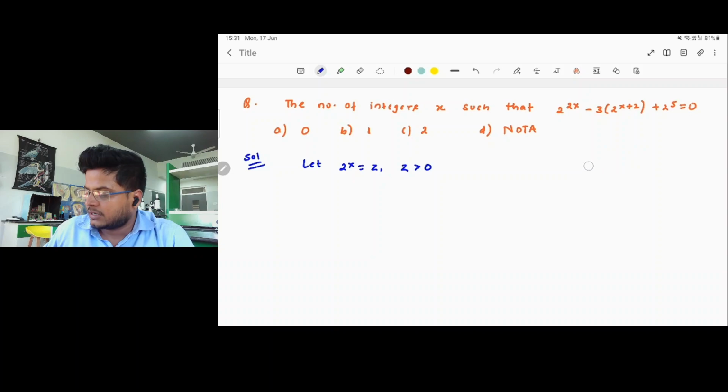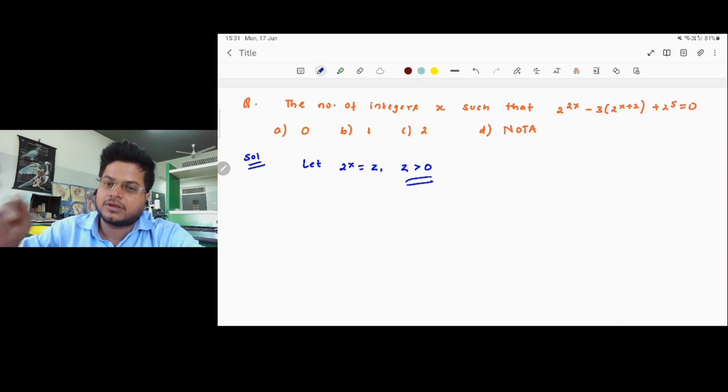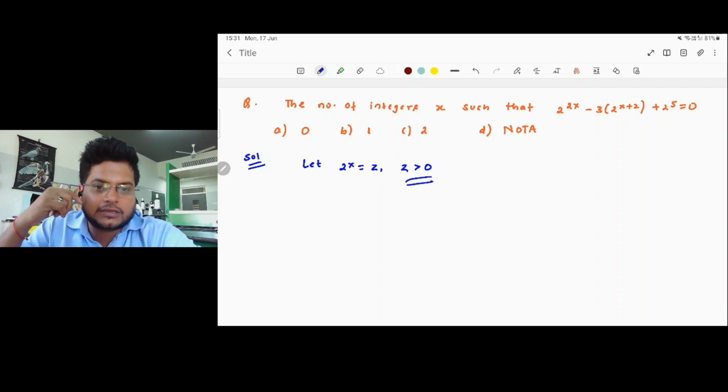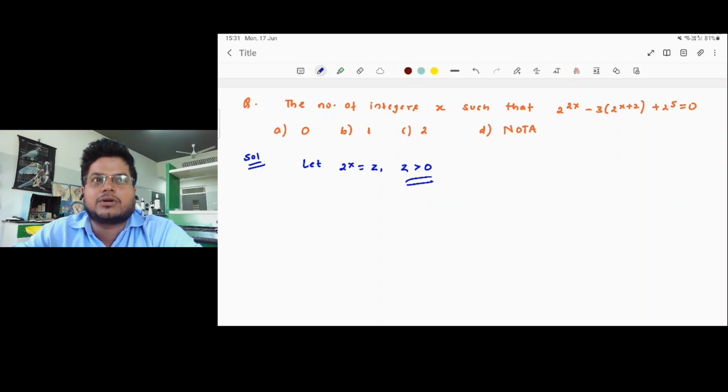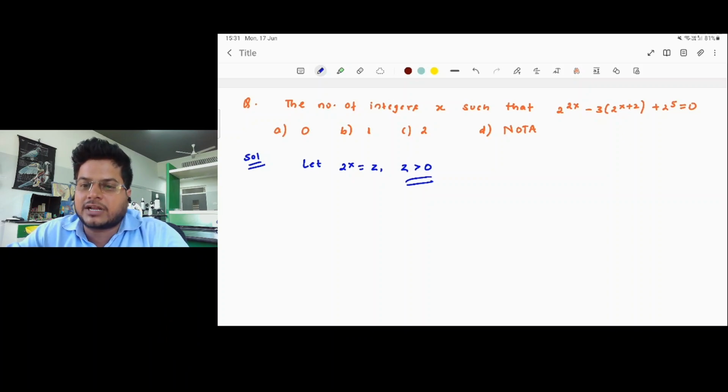So it doesn't cut the x-axis or go below the x-axis. Now why are we writing this? Because in case you don't write it, and imagine when you solved, you got something like 2 power x equals minus 16. Then one way you can think, okay, 2 power x can never be equal to minus 16. So there also you can rule out this value, and from there you will get no solution. Or in case you have written the condition, you will look out only for the values of z which are positive, right?